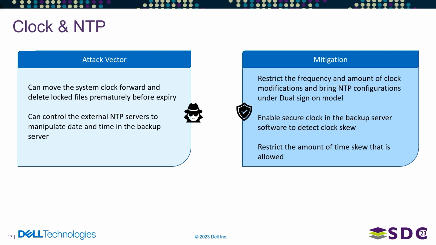So something that we see and even use is to restrict the frequency and amount of time that can be changed. Because these are backup servers and we are talking about time, it is a very crucial attribute of any data that is present there. The need to change time by a long amount or multiple times is a very rare scenario.